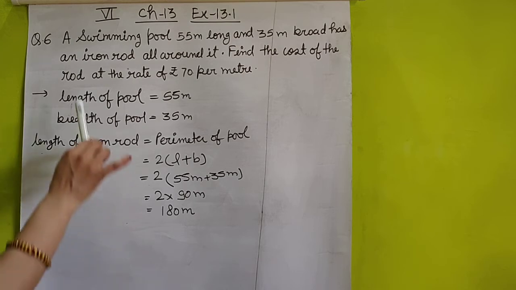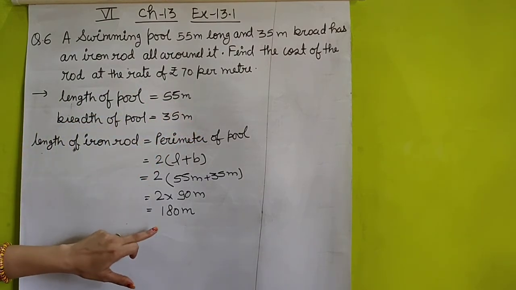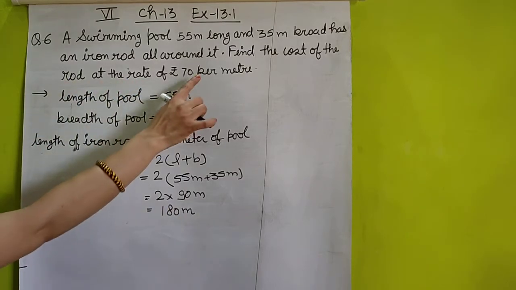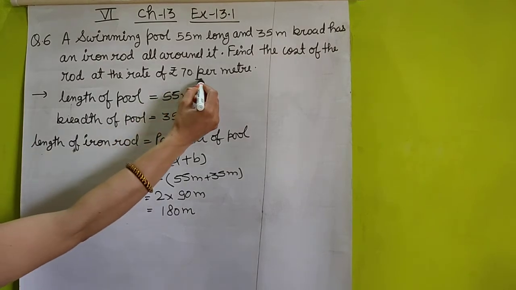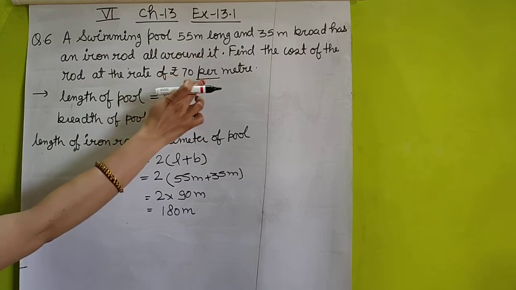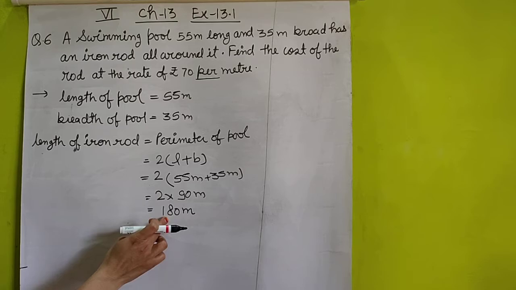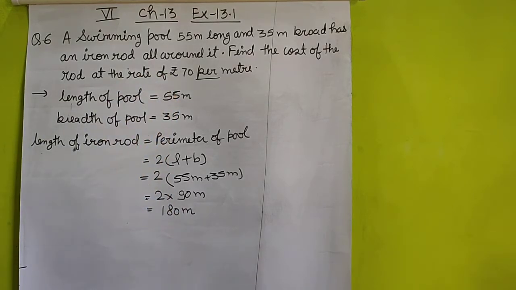Now we are to find out the cost of the total rod. The total rod is 180 meter, and the rate per meter means 1 meter of rod costs 70 rupees. So the rate of 180 meter rod will be 180 multiplied by 70.